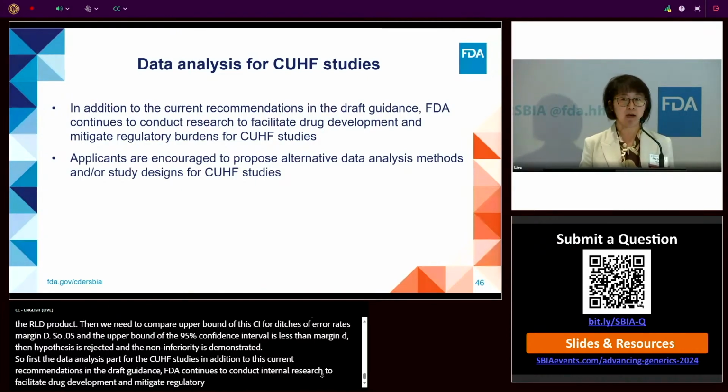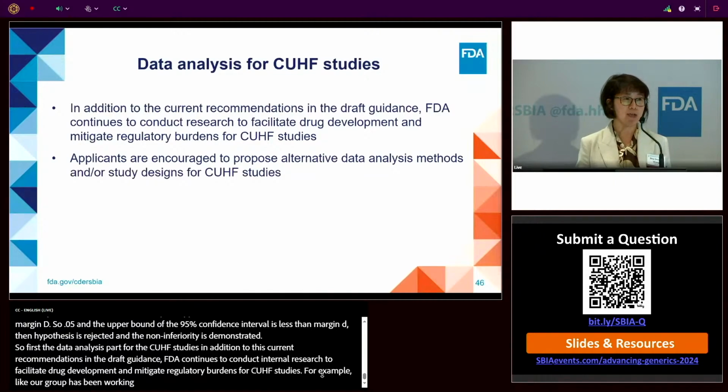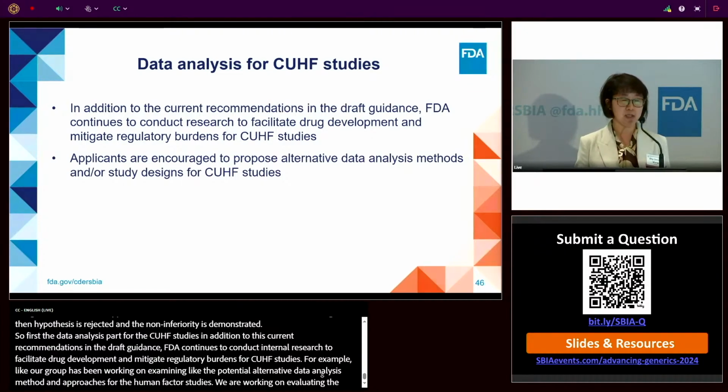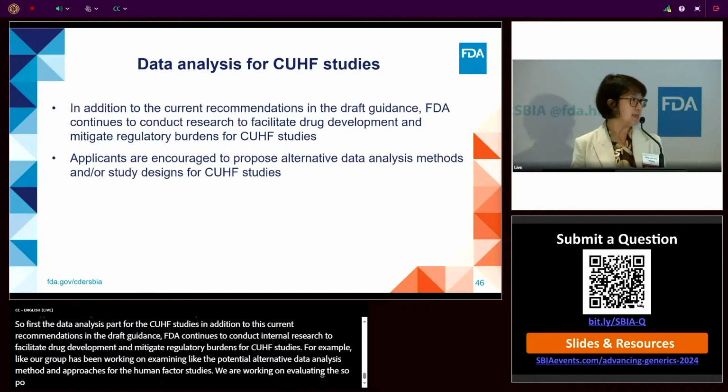For example, our group has been working on examining potential alternative data analysis methods and approaches for the human factor studies. We are working on evaluating the performance of different alternative methods. The applicants are also encouraged to propose alternative data analysis methods and study designs for the human factor studies.